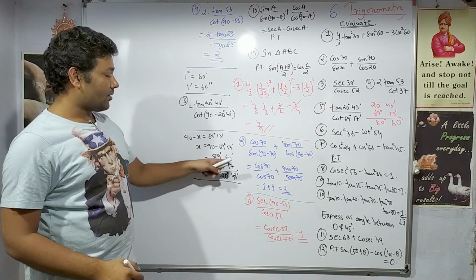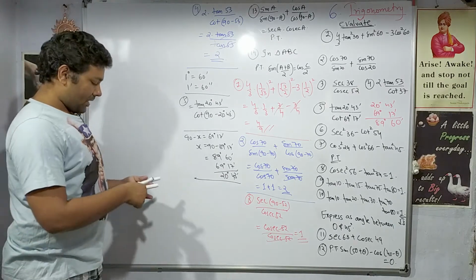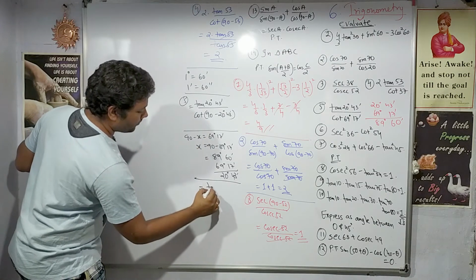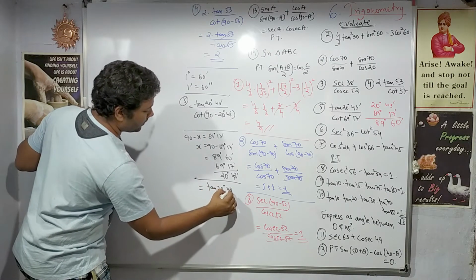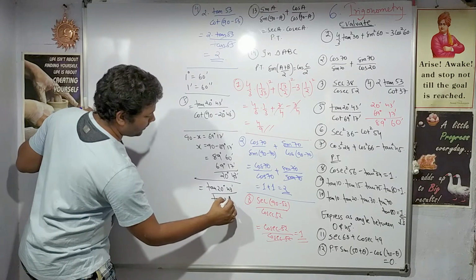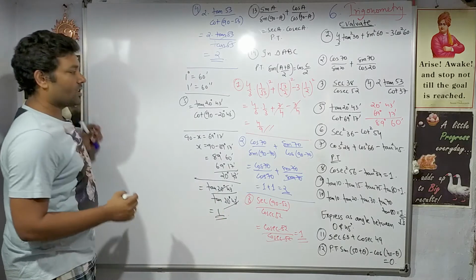That is nothing but 90 again. So simple. Further, 20 degrees 43 minutes upon 20 degrees 43 minutes gets cancelled. Answer is 1. Simple.